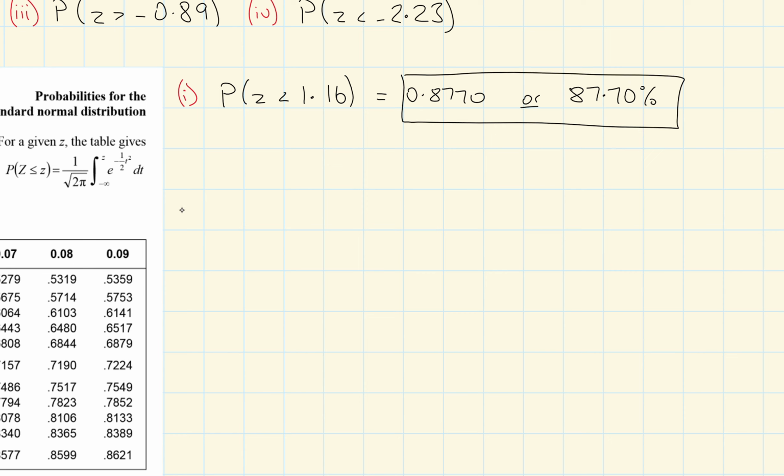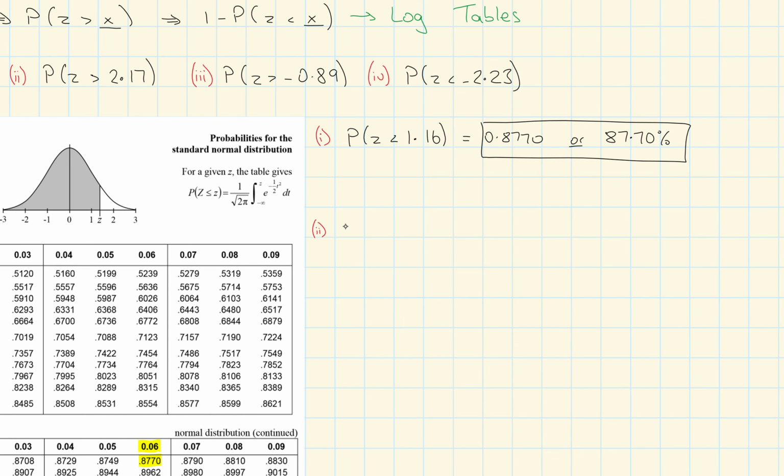That's part 1 done. Part 2, we're asked for the probability that z is greater than 2.17, which we don't calculate, so it's the probability 1 minus the probability that z is less than 2.17. So what's happening here is we're figuring out, we know our whole curve, the area under that is 1.